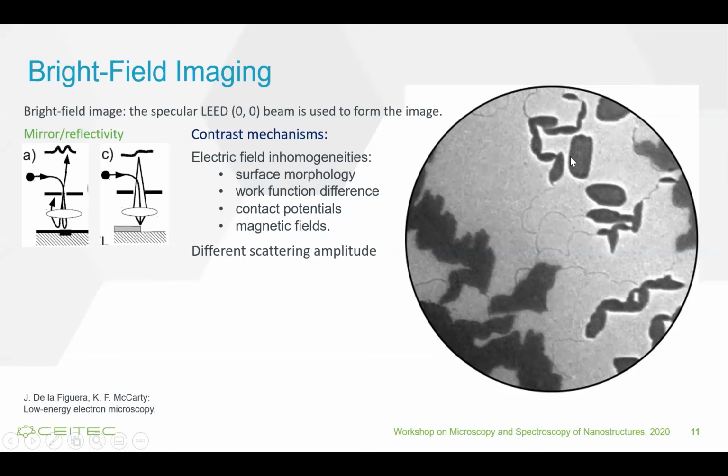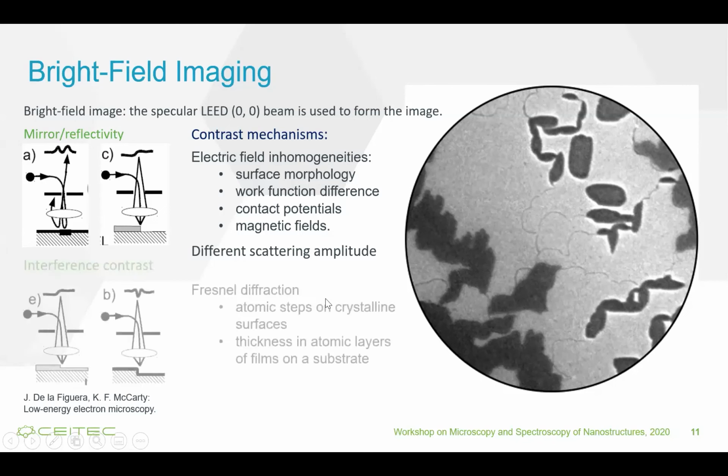For example, here we see molecular islands on the bare silver substrate. The second contrast mechanism is interference contrast, where we can see the atomic steps or different thicknesses of the materials. In this example, we really see every atomic step on the surface, which is very advantageous. So we can then consider what's the role of the steps for the molecular systems on the surfaces.